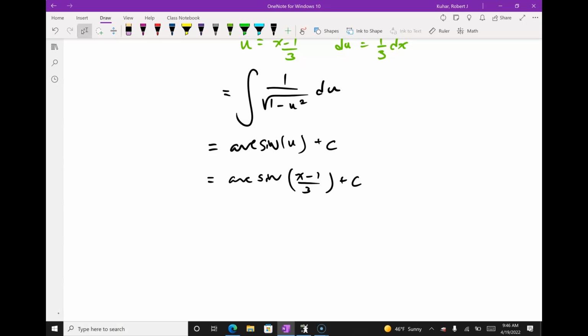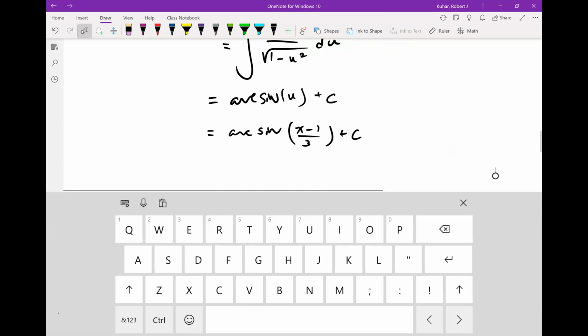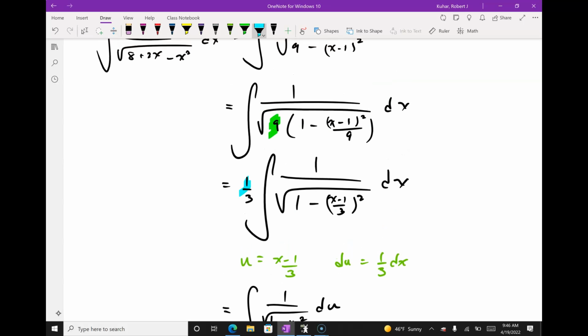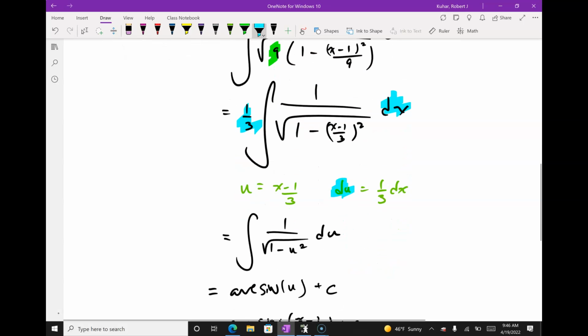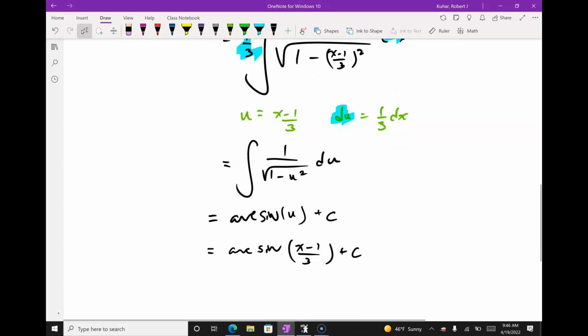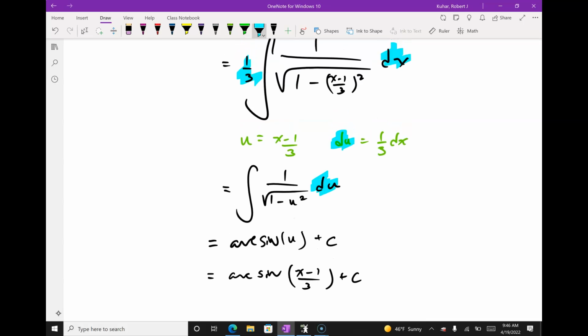The 3du got cancelled out by 1/3. Yes, exactly. Well, the 1/3 dx is my du. So there's my 1/3 dx right there, that du.